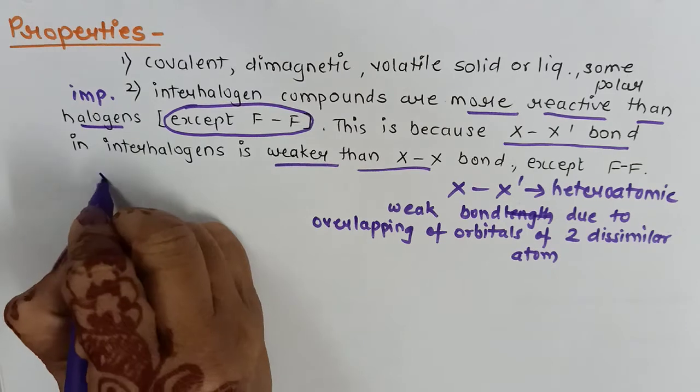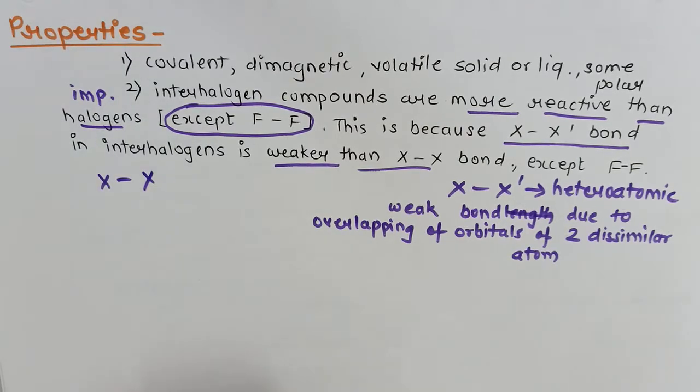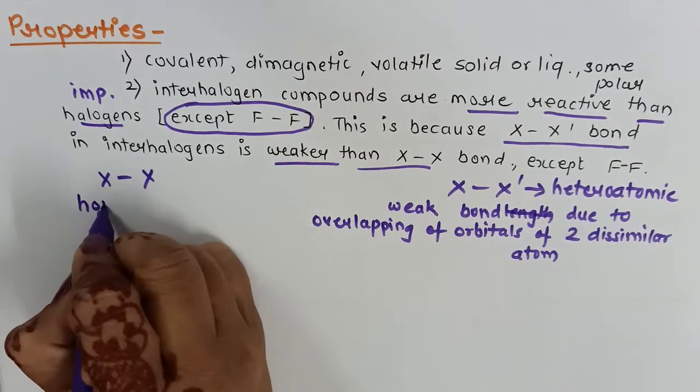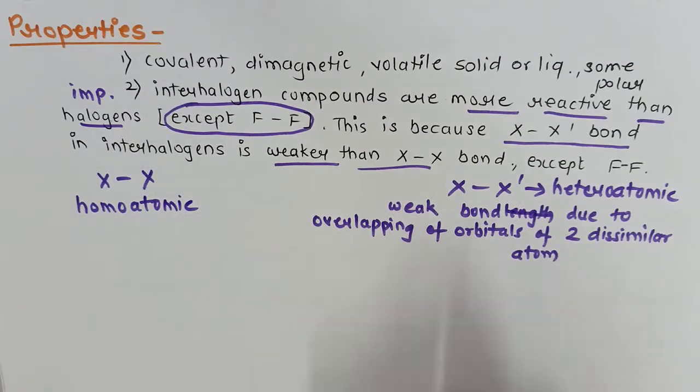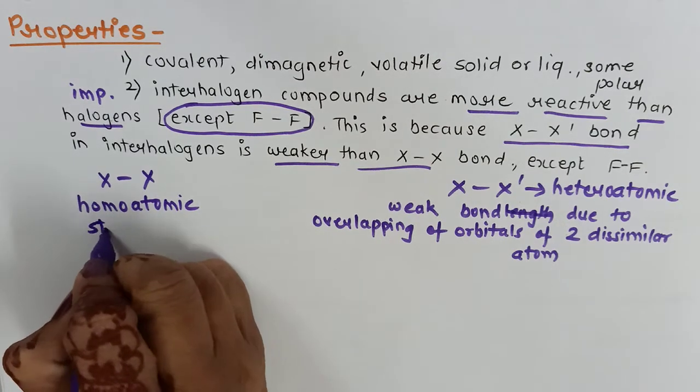On the other hand, halogens are homoatomic molecules. The overlapping of orbitals is between two similar atoms, and therefore the bond will be a comparatively strong bond.